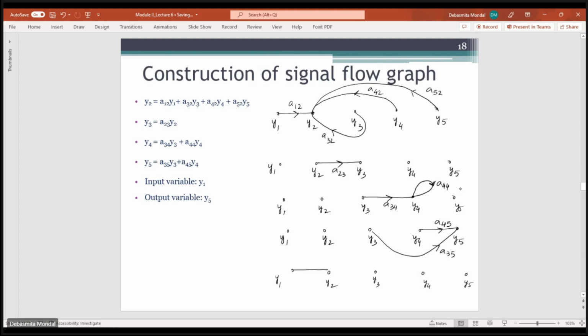So you have here y2 to y3 is a23. Here you have one other loop, a44, and now you connect. So you have one over here. I don't think I'll get much space. a35.